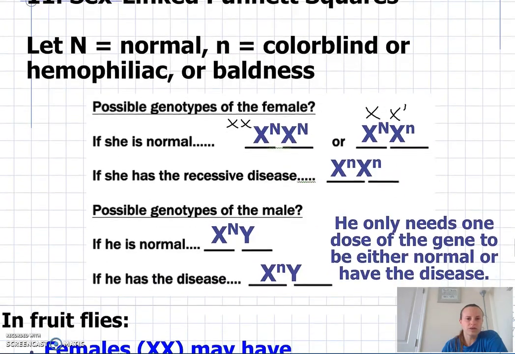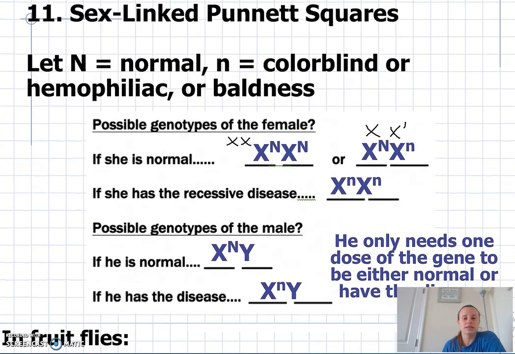The nomenclature for sex-linked Punnett squares is similar to the regular nomenclature, except that we're going to use the sex chromosomes with a superscript. The sex chromosomes for the female are XX, and for the male are XY.